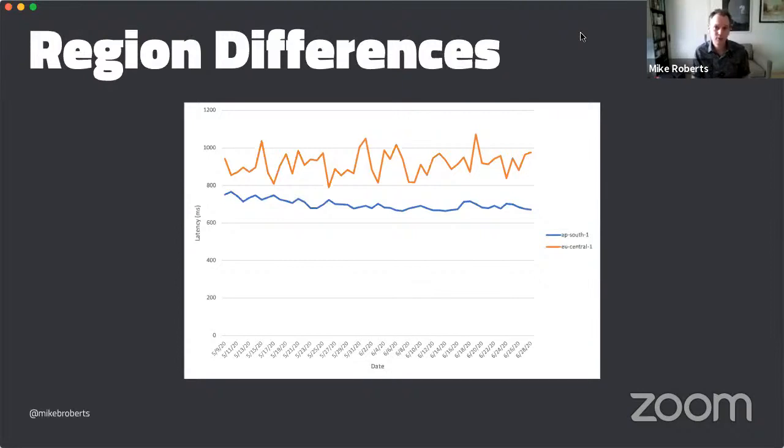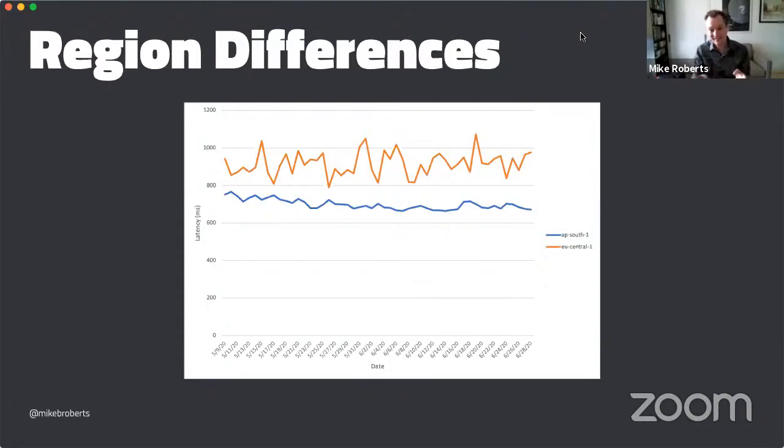And what I found was that even though these things functionally are the same in terms of the capabilities that they have for Java, the cold start times were different according to the region. The most drastic difference was between these two regions. The fast region here is AP South 1, which is Mumbai in India. And the slowest region here is EU Central 1, which is Frankfurt in Germany.